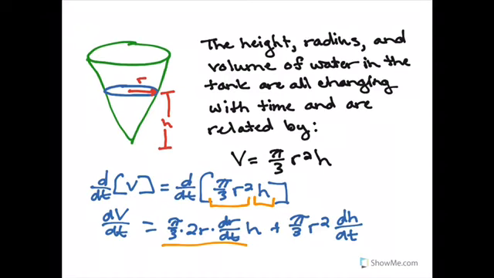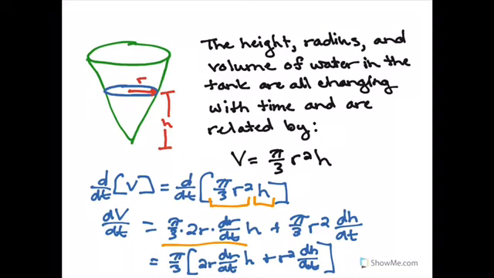And I can clean that up a little bit and rewrite it as pi over 3 times 2r dr/dt h plus r squared dh/dt, just because it's a little bit easier to look at.